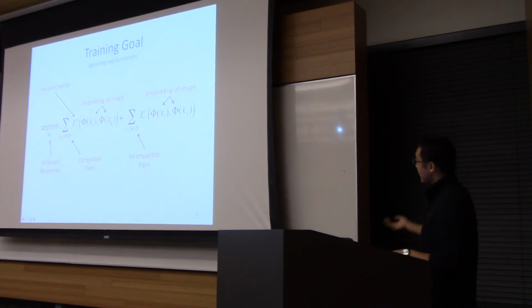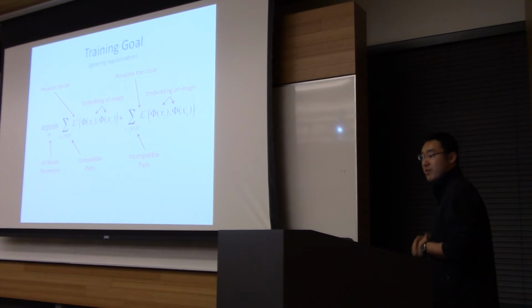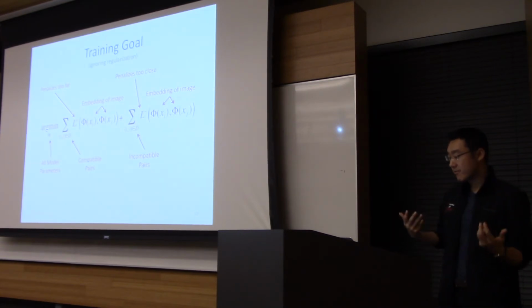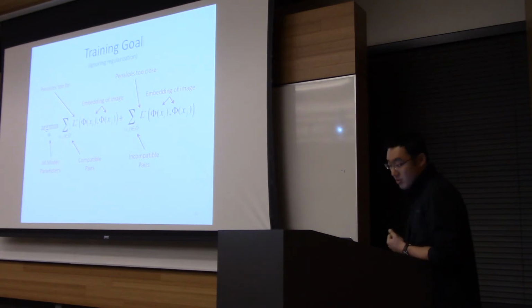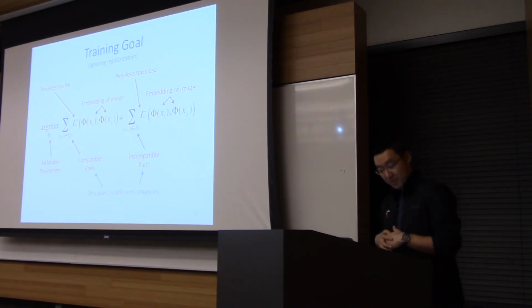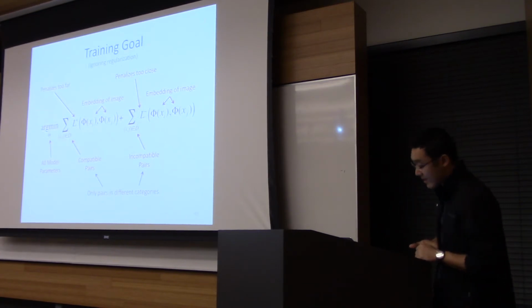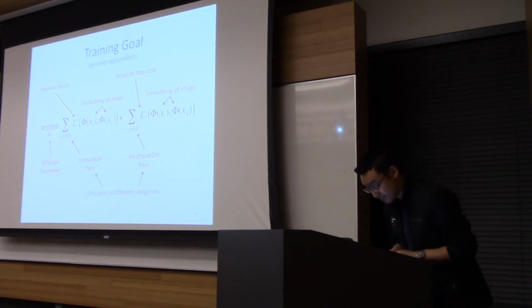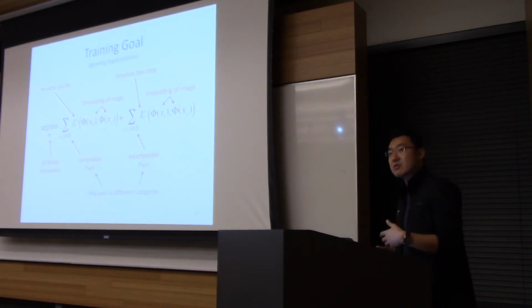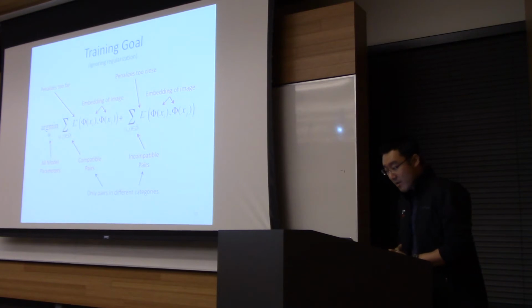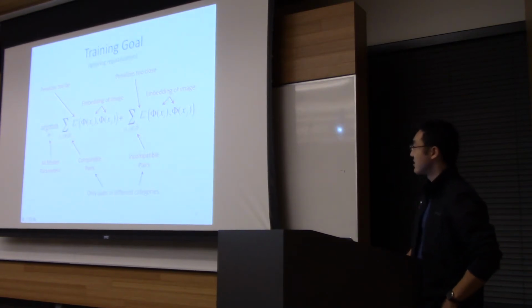And the right summation sums over all incompatible pairs. This loss function will be high if the embeddings for these two items that are incompatible are too close to each other. And we're only going to look at pairs of items in different categories, so shoes and socks, pants and shirts, etc. One thing to keep in mind is that we don't actually have explicit information of what is incompatible.